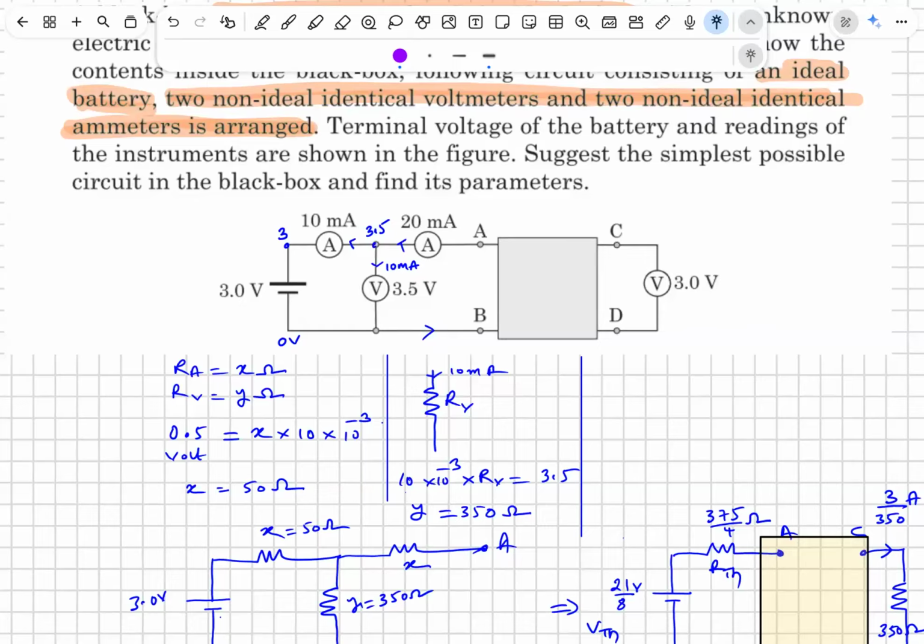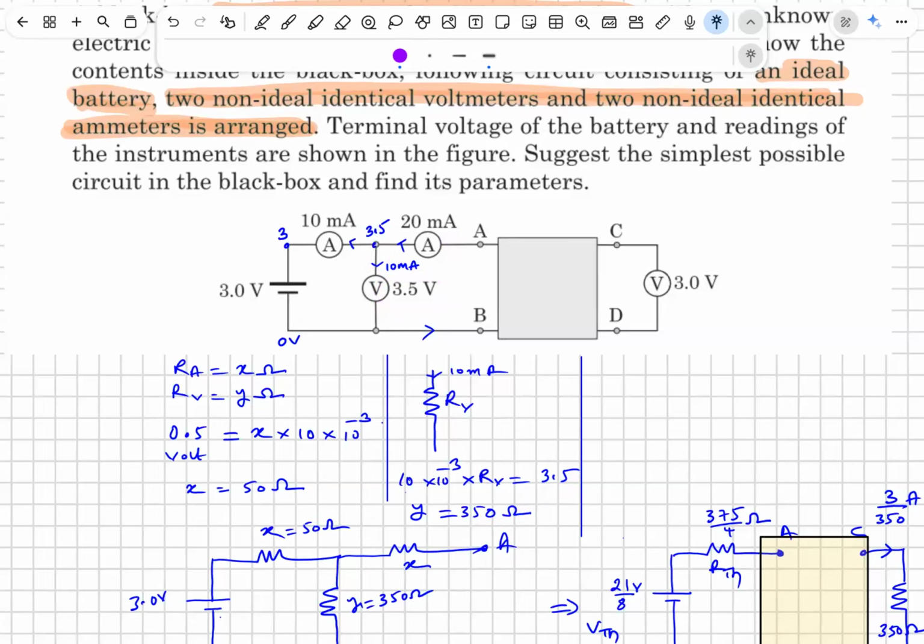Next. By the way, this is 20 milliampere, 10 milliamp is coming and the drop here is 3.5 volts. This allows me to find the resistance of Y. Y is 350 ohms. This is the first achievement that I can draw from this circuit.